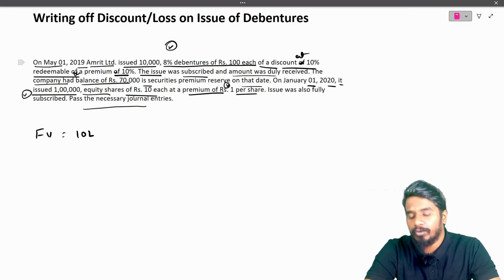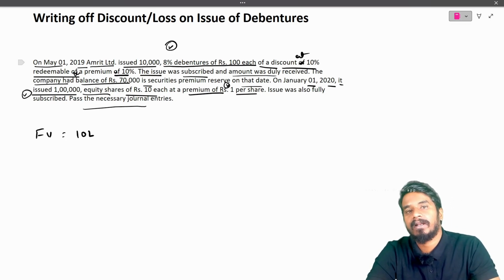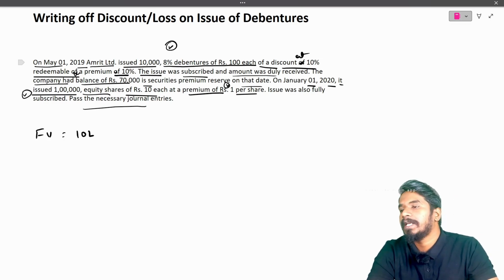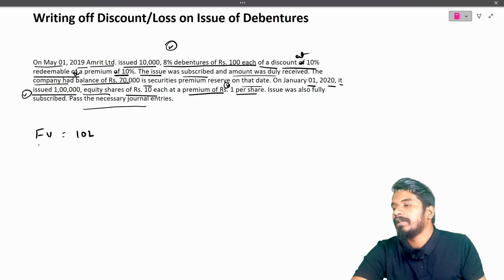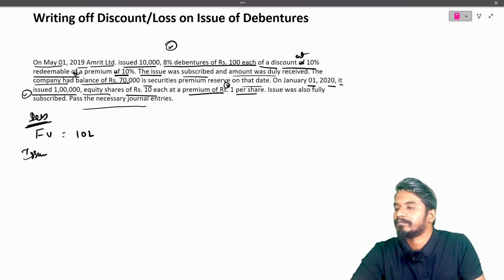Here we have two concepts. One is debentures and another is shares. So let us see how we can solve the question. First thing, we'll note it down. So this is debenture, right?